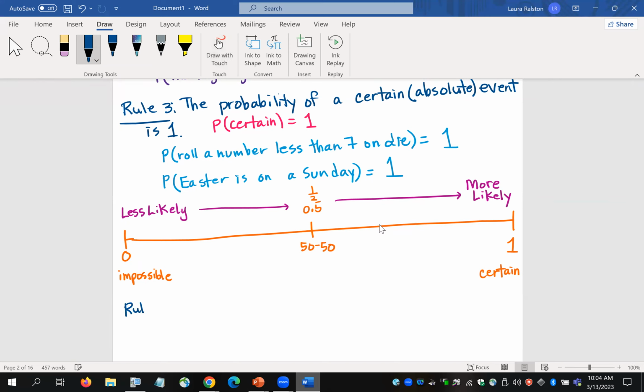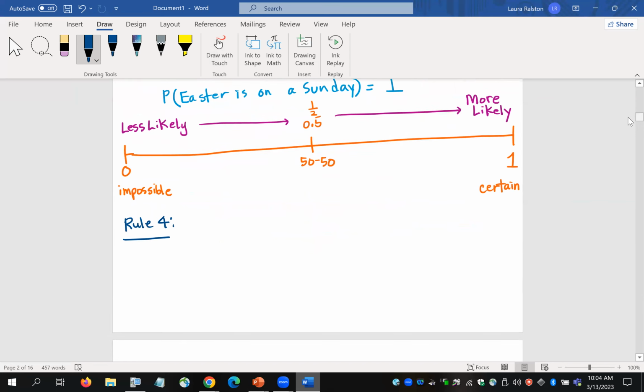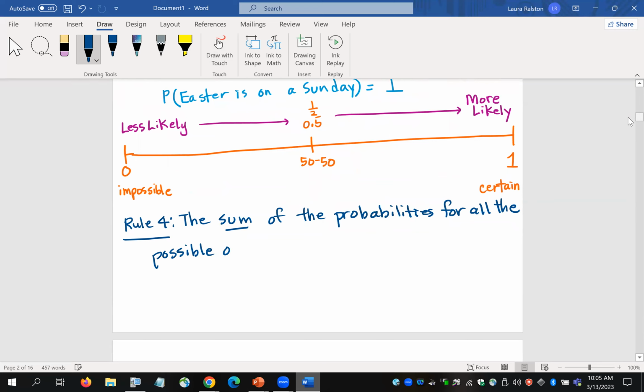The last rule says the sum of the probabilities for all the possible options is 1.